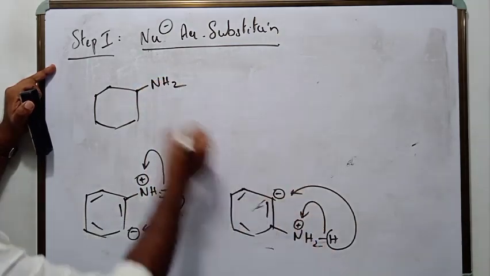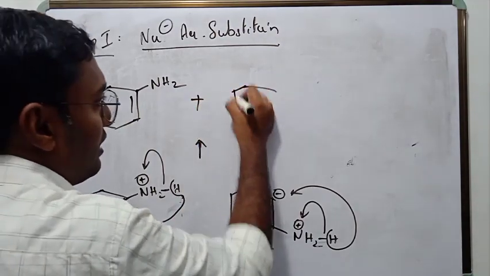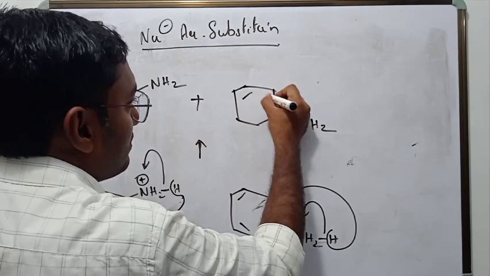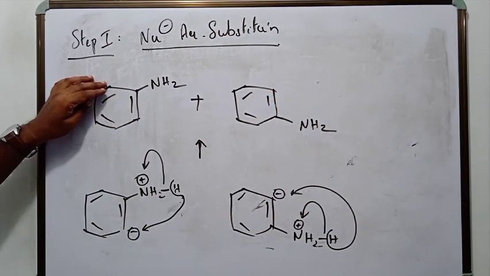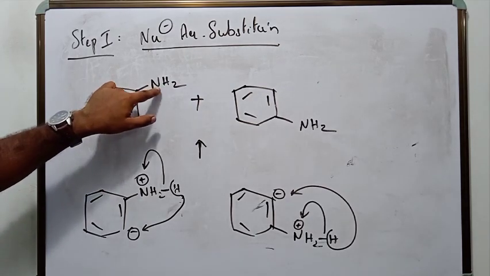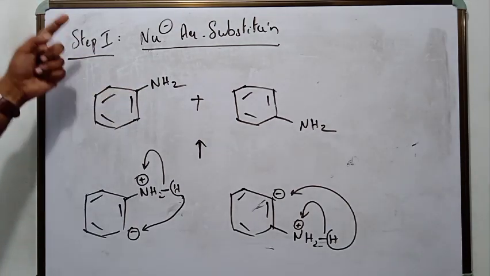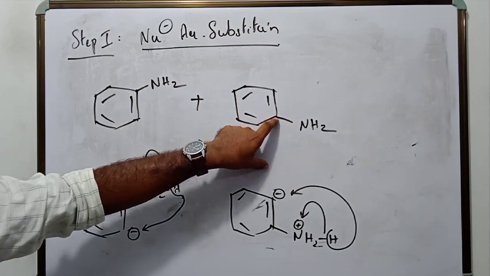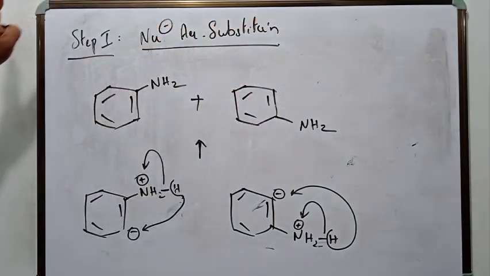NH2 here and NH2 there. So we get two products now, one in which the nucleophile is attached to carbon which was initially attached to chlorine, and the second structure is nucleophile is attached to carbon atom which is adjacent to the carbon atom which was earlier linked to chlorine or the leaving group.